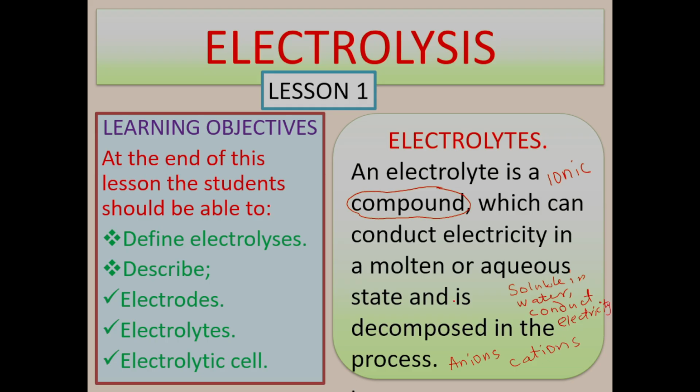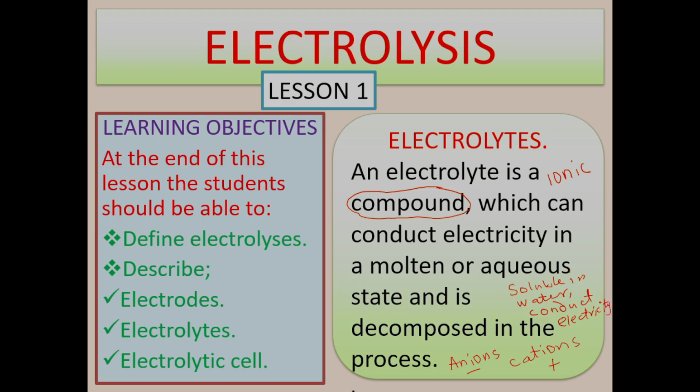You see, anions are negative ions, while cations are positive ions. So anions migrate to the anode, which is positive because they are negative. Cations migrate to the cathode, which is negative because they are positive.